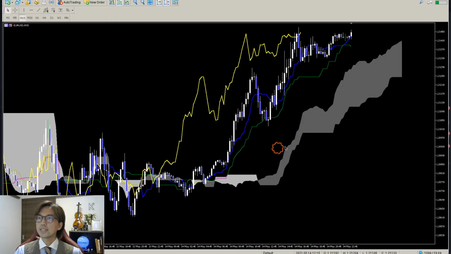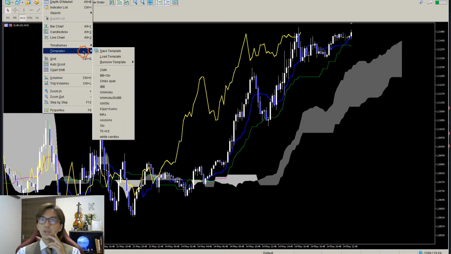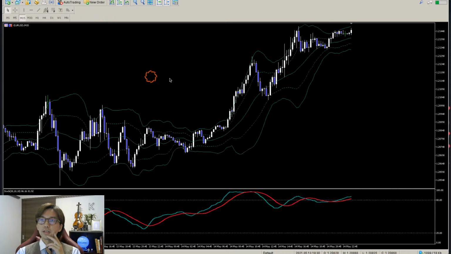So that's another thing that I'm using. Besides that, in MT5 it's the same. I use the Bollinger Bands, Stochastics, and lower time frames, and these are basically the same too. I use 2 bands, and Stochastics is also the same.